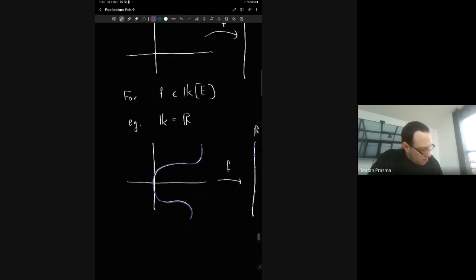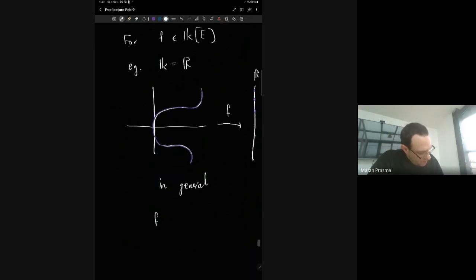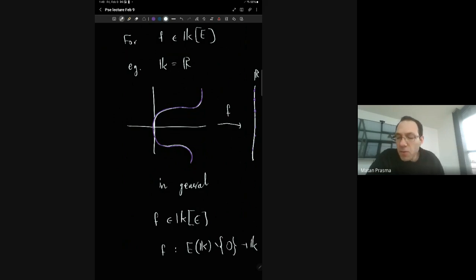Okay, and in general, of course, this does not depend on the fact that we are in R. F in K[E] defines an actual function from the finite K-rational points to K, simply by substitution.